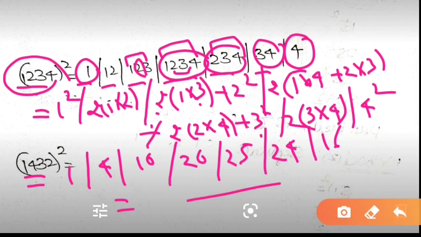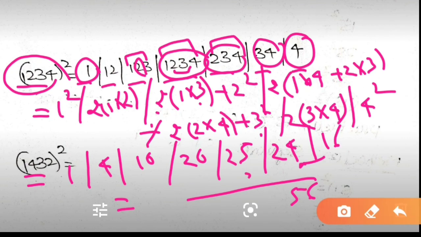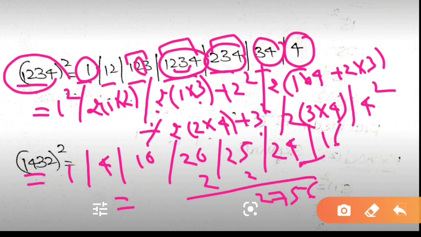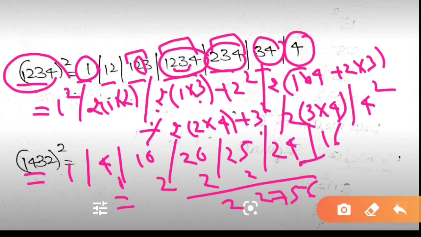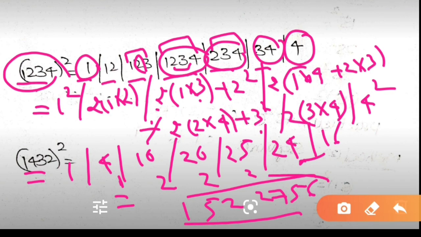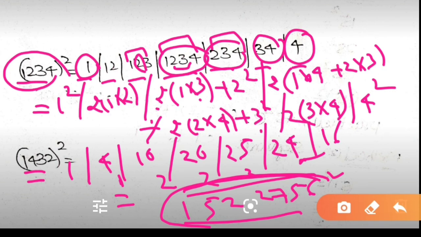So 6, 1 comes here, 24 plus 1, 25, 2 comes here, 25 plus 2, 27, 2 comes here, 20 plus 2, 22, so 2 comes here, 10 plus 2, 12, 1 comes here, so here we will look at 5, so 1 double 5, 1 5, so finally we will get 1 5 double 2 7 5 6 is the answer.